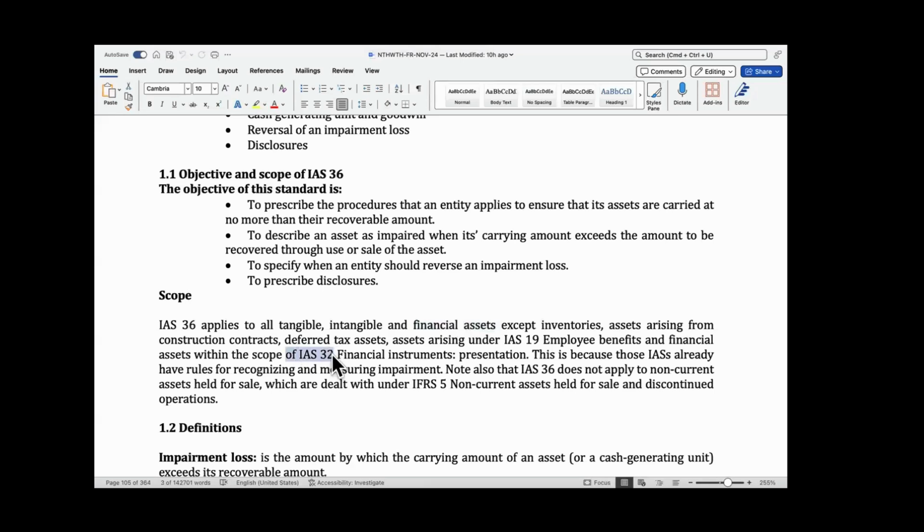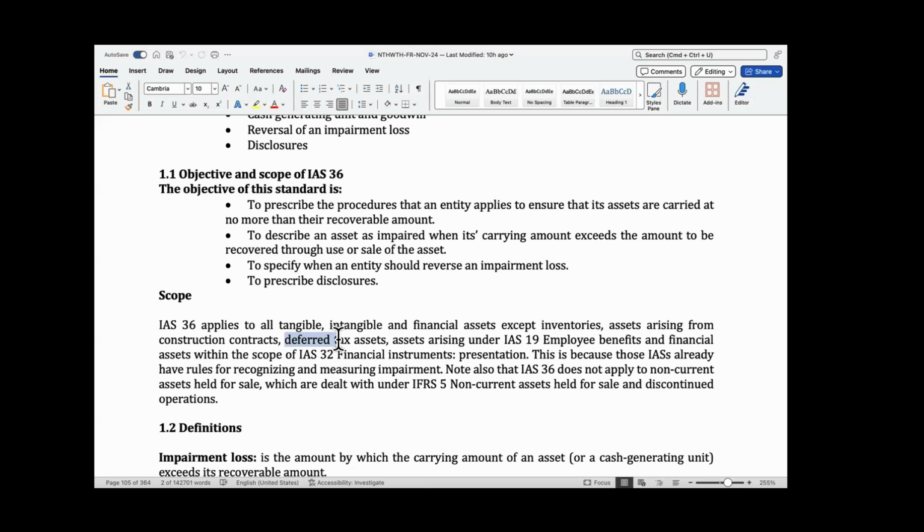We are still going to learn IAS 32. So the focus here is tangible and intangible assets. So we are not looking at impairment of inventories, deferred tax assets, and some other types of assets that are dealt with in other standards. That's not our focus tonight.